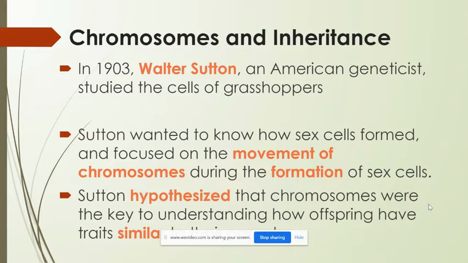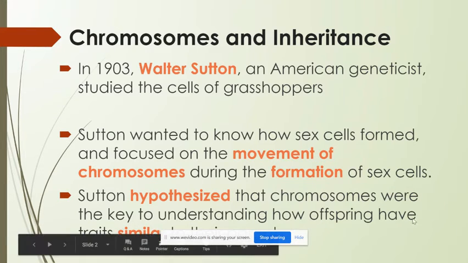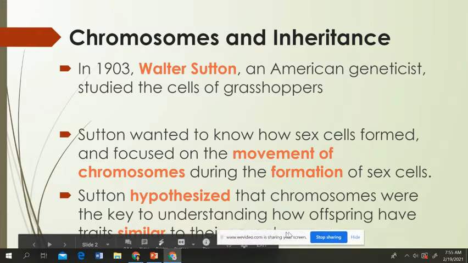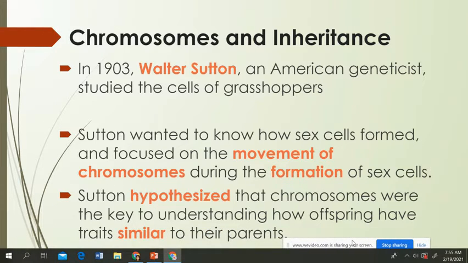So in 1903, Walter Sutton was an American geneticist who studied the cells of grasshoppers. He was looking at grasshoppers, seeing how they compared to other information about cells and inheritance. So Sutton wanted to know how sex cells formed and focused on the movement of chromosomes during the formation of the sex cells.